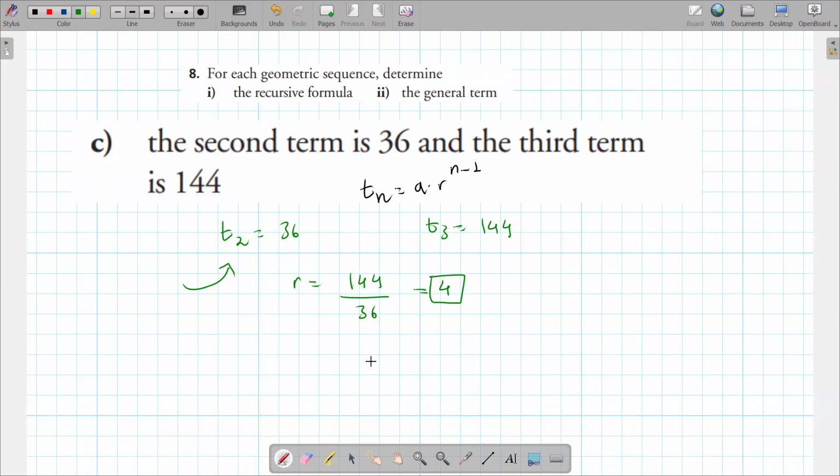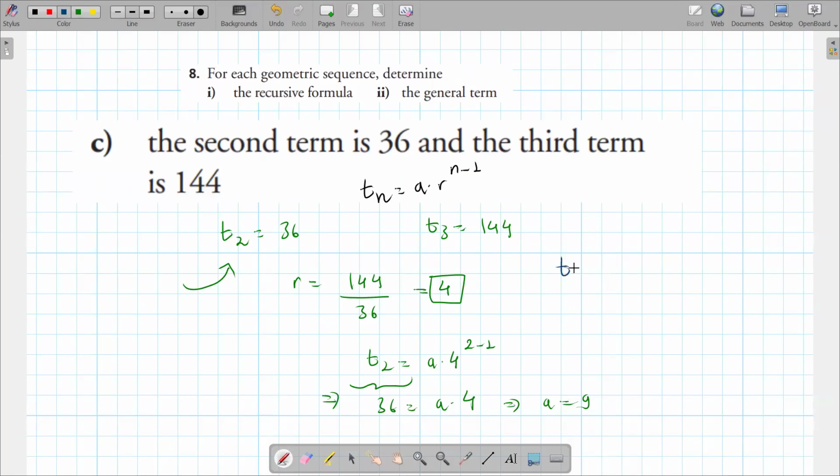Let's look at this one. So T2 will be A times R, 4 to the power of 2 minus 1, right? And T2 is 36. So we have A times 4. 2 minus 1 is 1. So that means A is 9. We need the recursive formula and the general term.